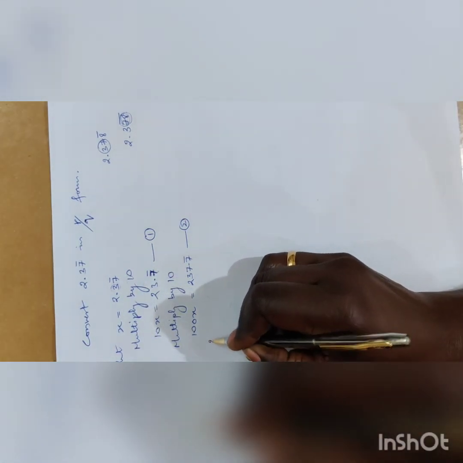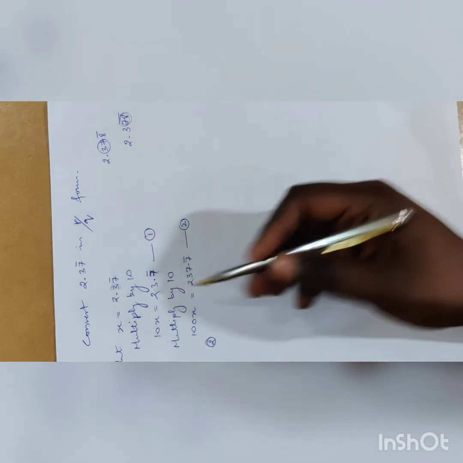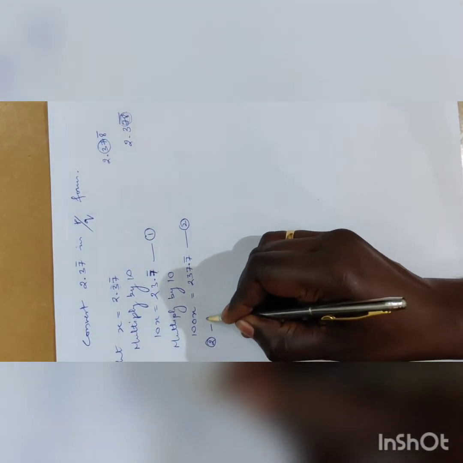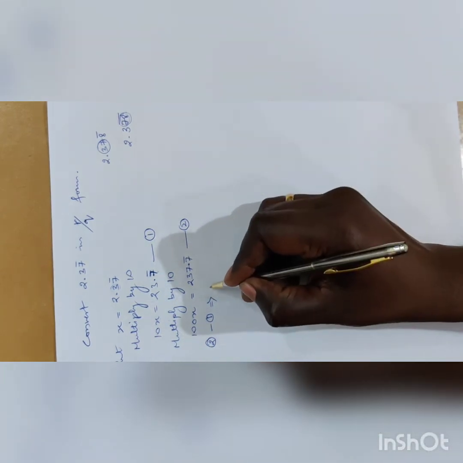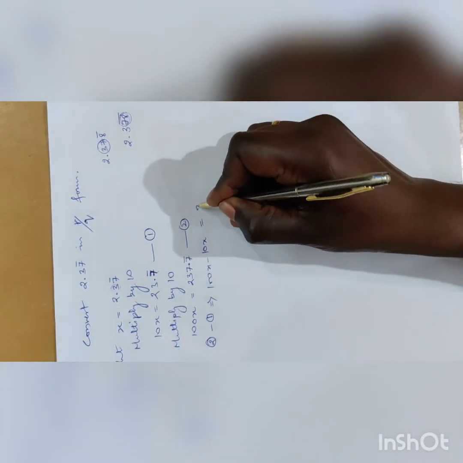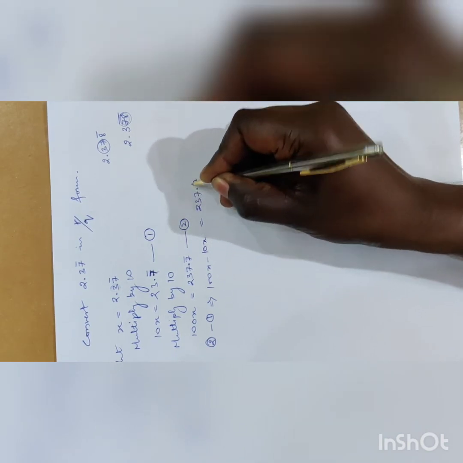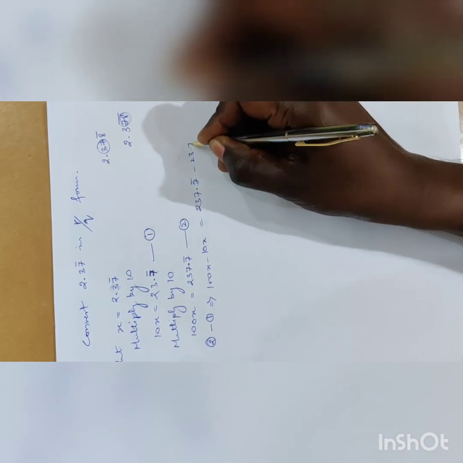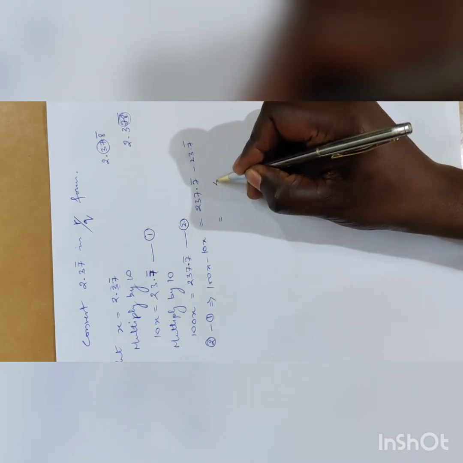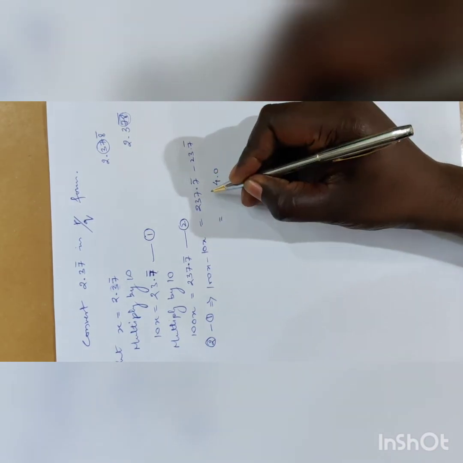The next step, and after that it is always same, that will be equation number 2, then always equation 2 minus equation 1. So 100x minus 10x is equal to 237.7 bar minus 23.7 bar. What am I getting? The decimals cancel.